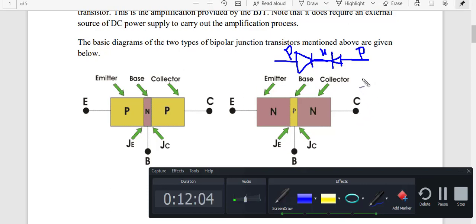So at the output side you cannot get any output. That's why, according to the constructional view, if you are asked whether two diodes connected back to back can behave like a transistor, your answer will be no, you cannot do this. Okay.